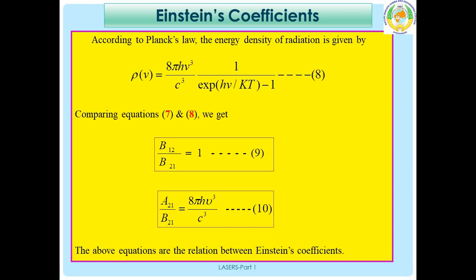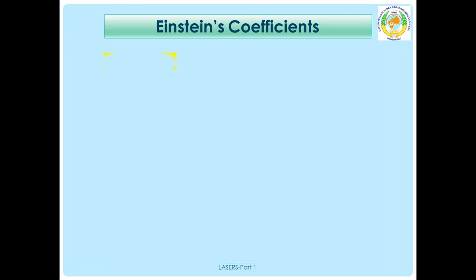Here B12 is the Einstein's coefficient of stimulated absorption, B21 is the Einstein's coefficient of stimulated emission, and A21 is the Einstein's coefficient of spontaneous emission. So equations 9 and 10 give the relation among these Einstein's coefficients.